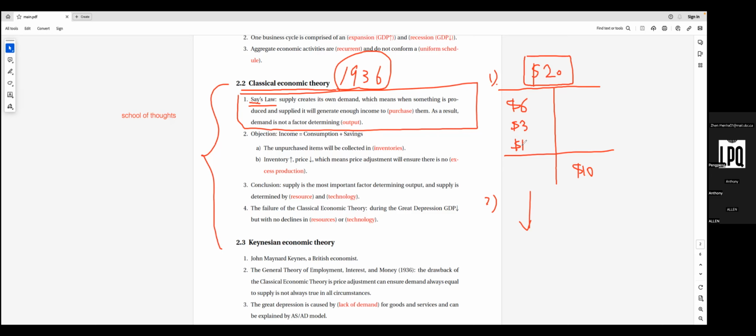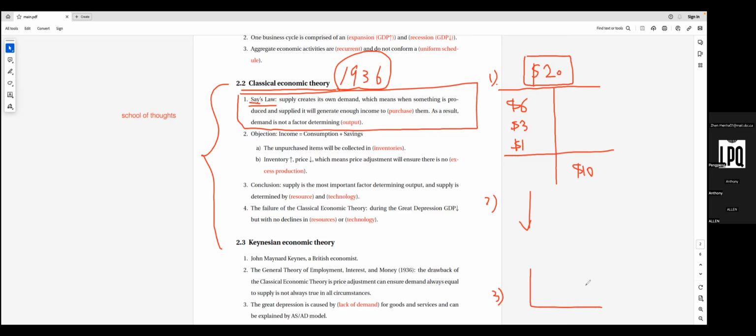This is a kind of classical theory. So the final conclusion is, if we assume everybody will spend all their income, we don't need to care about the demand curve actually. If we can supply something, if we can produce something, then the demand will be there. We don't need to worry about the demand side of the market.